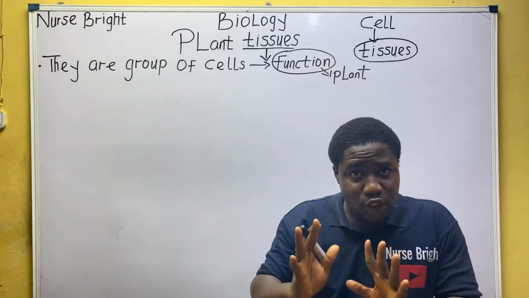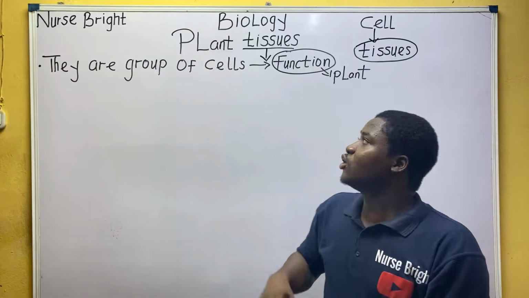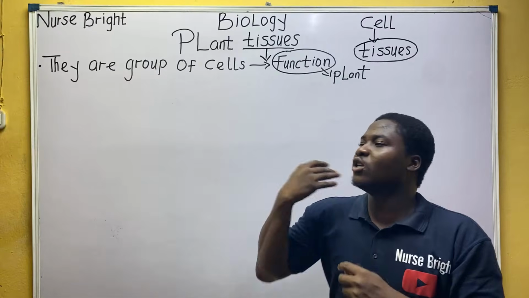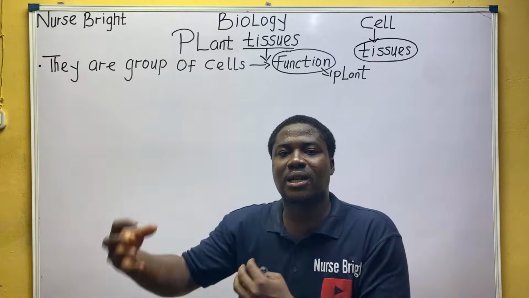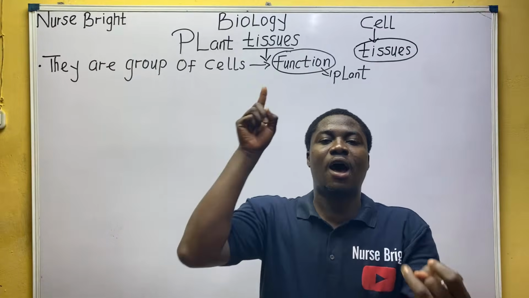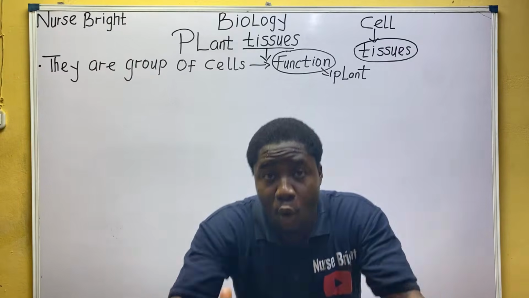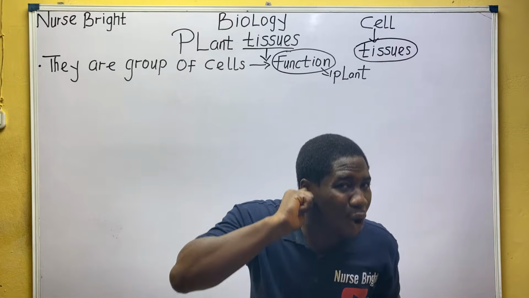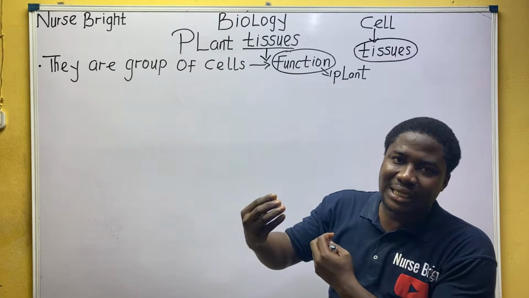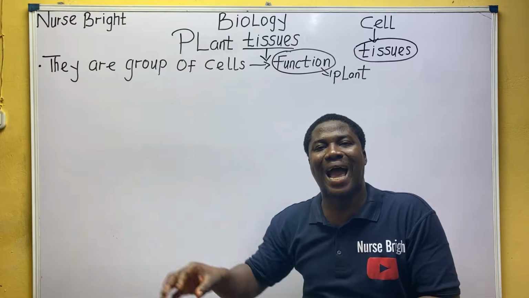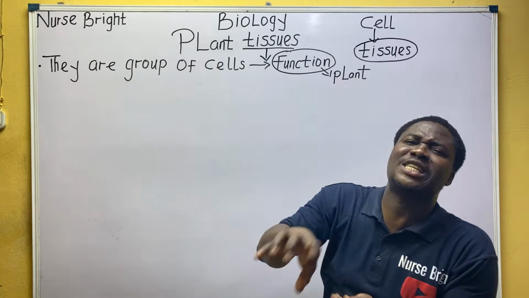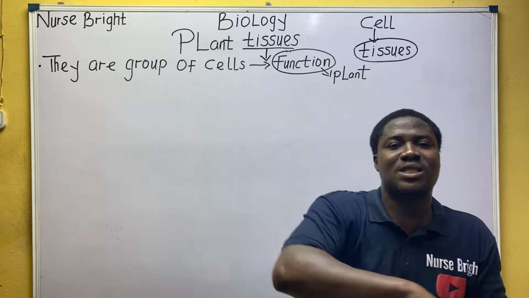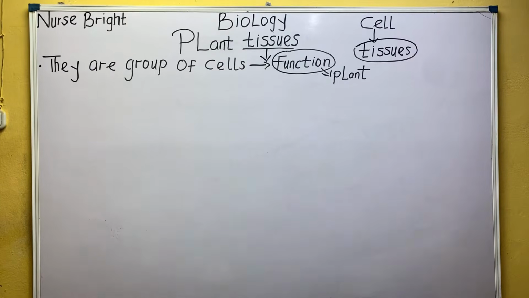I'm being general here. So in general, some of their function is to supply water to the plant, others to store food for the plant, others to give the plant strength. Do you understand? But as we go on in this class lesson, I'm going to specify these and tell you the specific plant tissues that perform these functions. So that is for that, everybody.